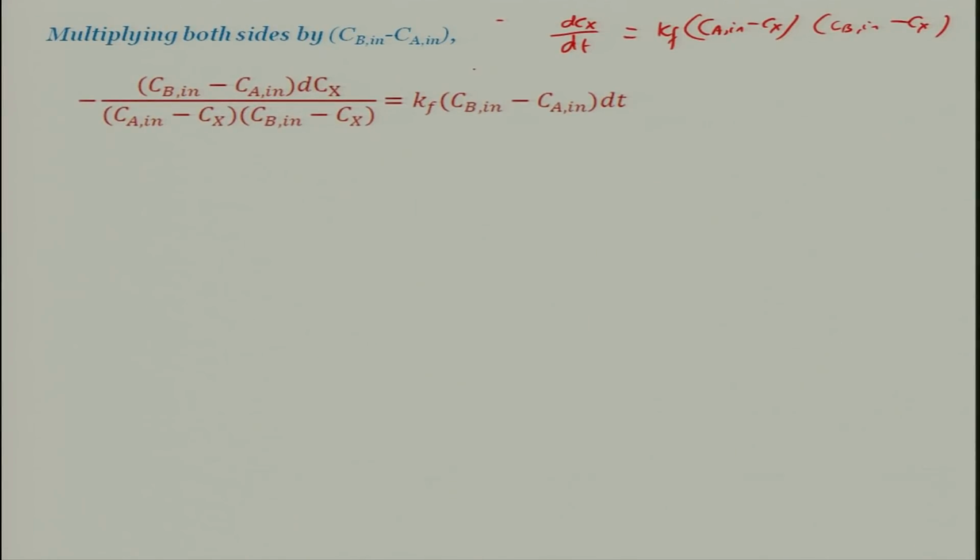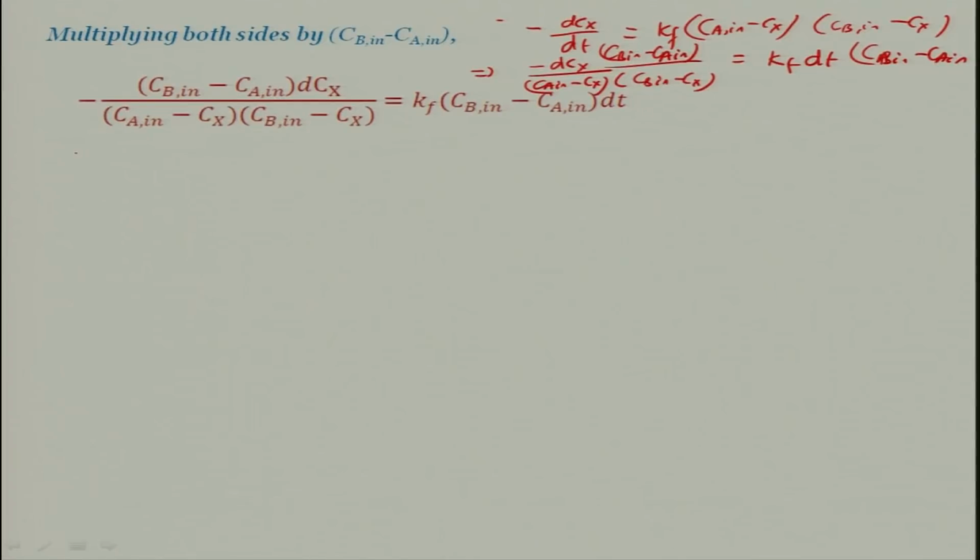Then minus dCx divided by (Ca in minus Cx) into (Cb in minus Cx) is equal to Kf dt, and here I will multiply by Cb in minus Ca in on both the left and right hand sides.